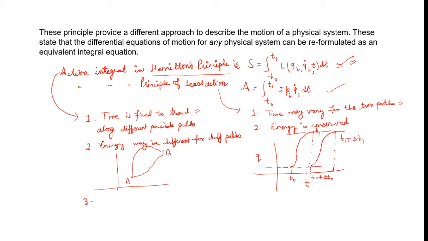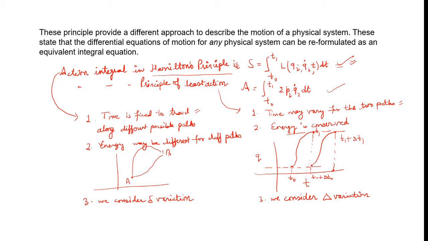Therefore, in Hamilton's principle, we consider the delta variation because this variation does not bother about the time. And in the principle of least action, we consider this type of delta variation, which involves variation with respect to time as well as with respect to space. But the condition is that the end position coordinate should be fixed.